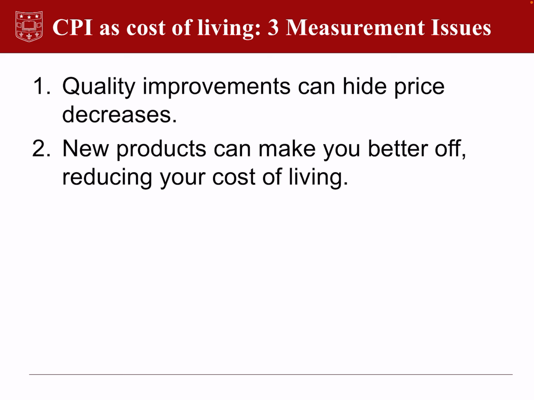So, in order to think about that, we can identify three specific measurement issues. One of them is the fact that there can be quality improvements in the set of goods and services that are in the market basket. I think the example that probably resonates with most of us is the example that's in the textbook, mobile phones. The top of the line model is obscenely expensive these days, at least from my perspective.